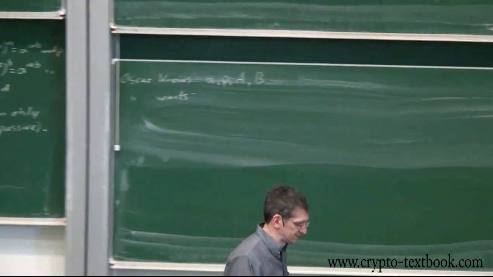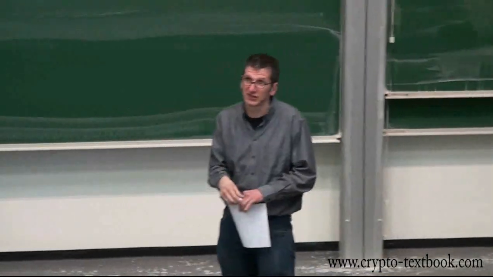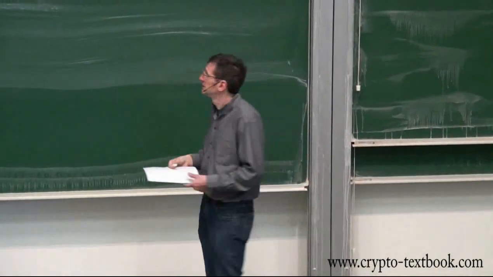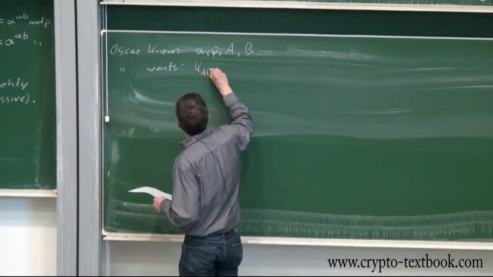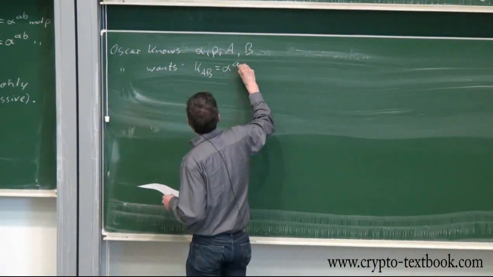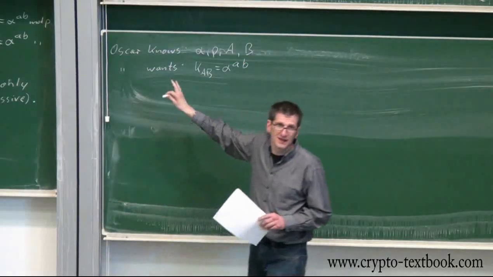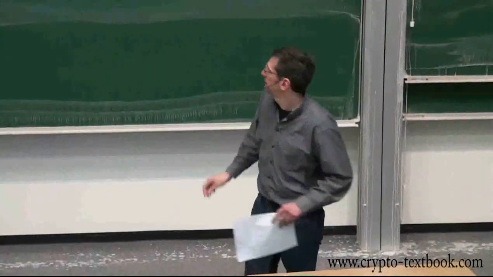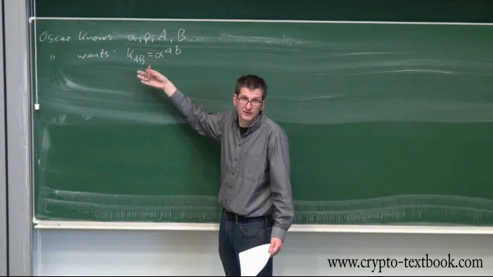It doesn't work. We can show that it's correct, that Alice and Bob can compute the session key, but if Oscar can compute the session key, it's not worth anything. So what Oscar wants to know is K_AB, which is alpha to the AB. Okay? And this setup, this set of knowns and unknowns, is called the Diffie-Hellman problem.